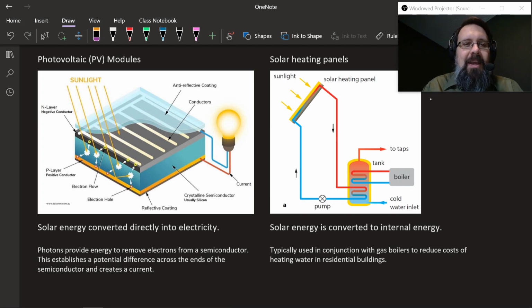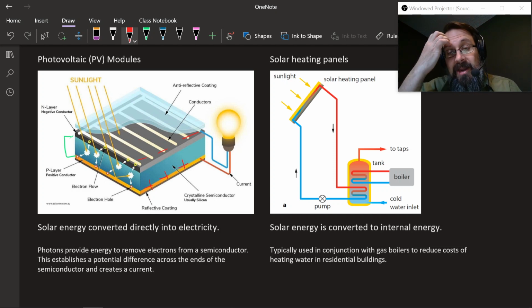The sunlight liberates electrons from the atoms, and those electrons start to flow around and create a potential difference, which enables electricity to flow. You get a potential difference across the two sides of the semiconductor: the top side becomes negatively charged and the bottom side positively charged. So current flows through that wire, creating electricity to light up light bulbs.